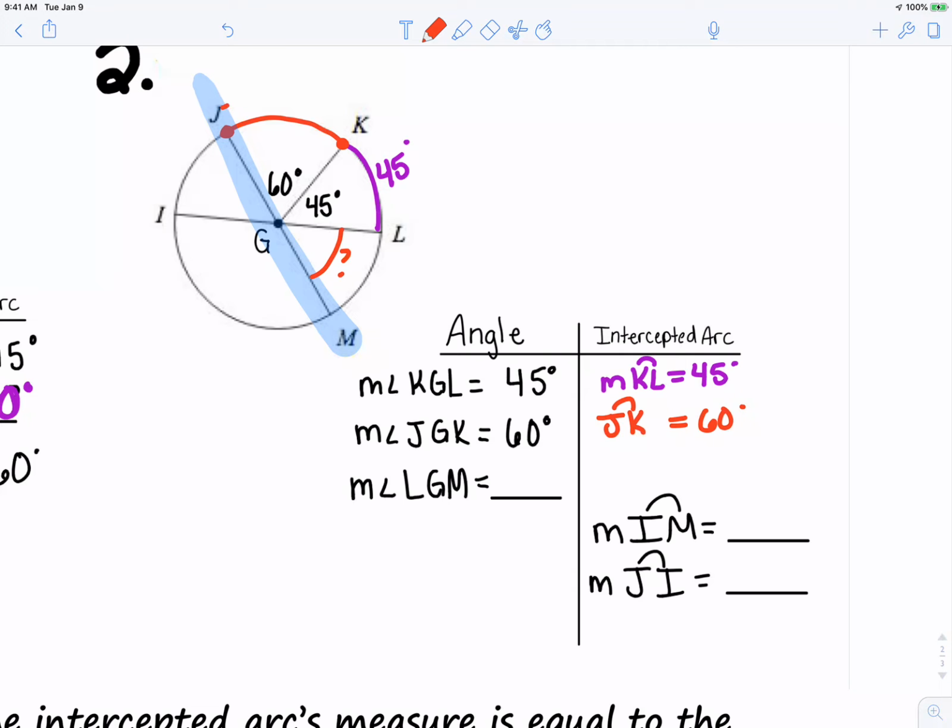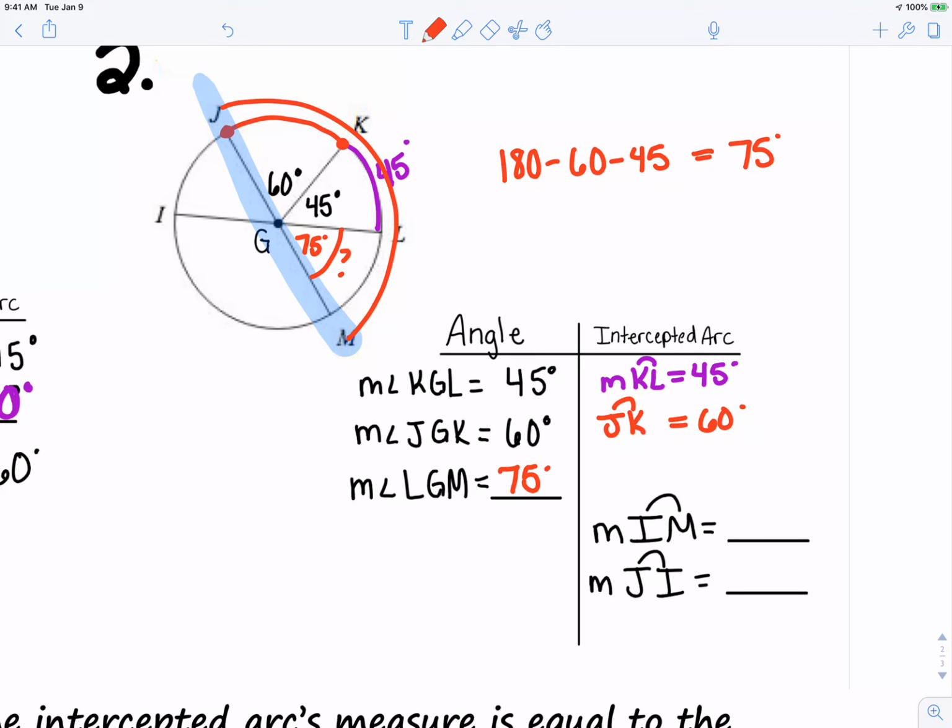Well, altogether, these three angles have to make up 180 degrees since JM is a diameter. So 180, subtract 60 and 45, that's 105, so you get 75 degrees. So this missing angle measurement is 75 degrees.